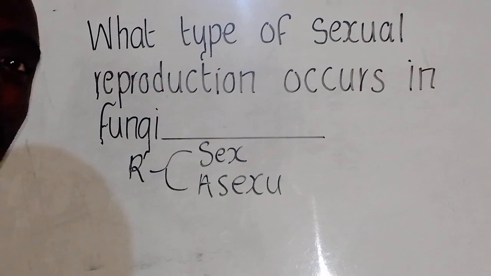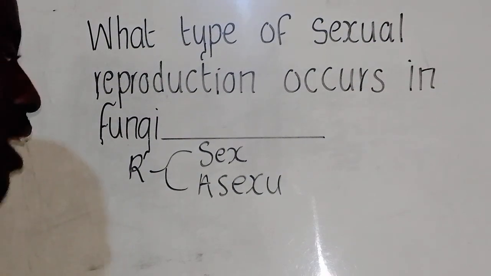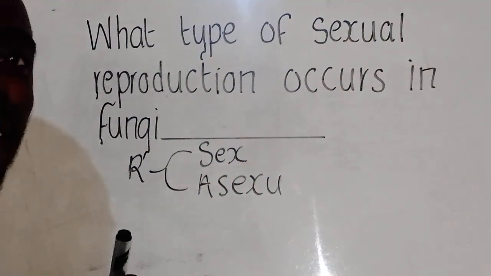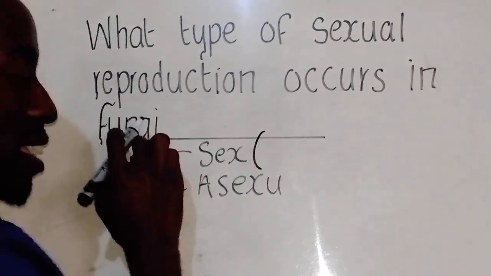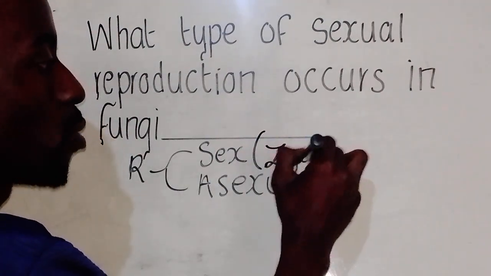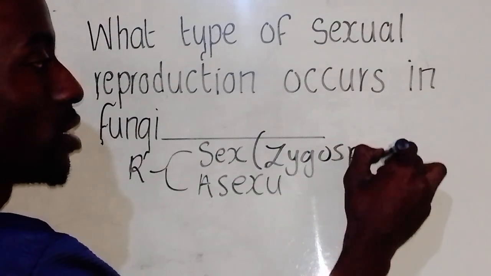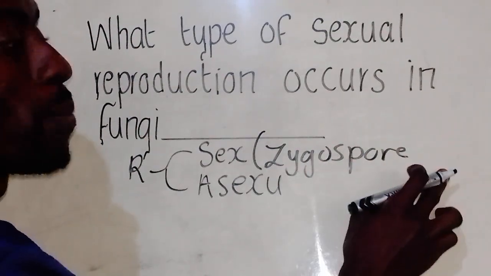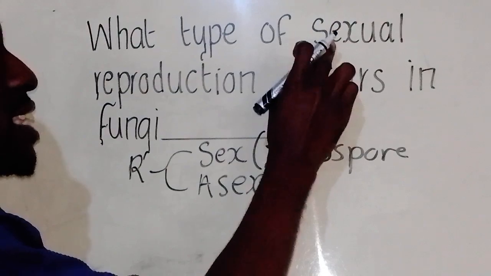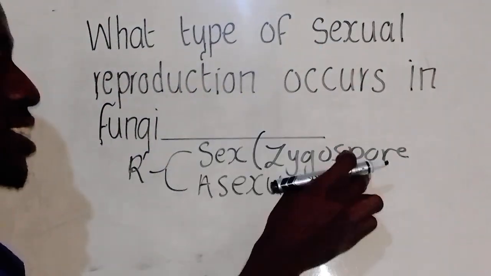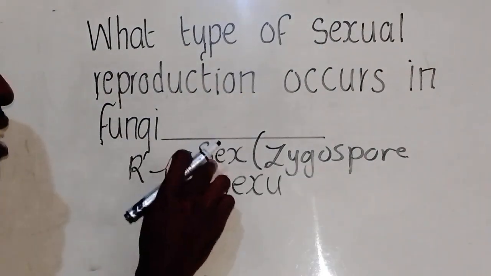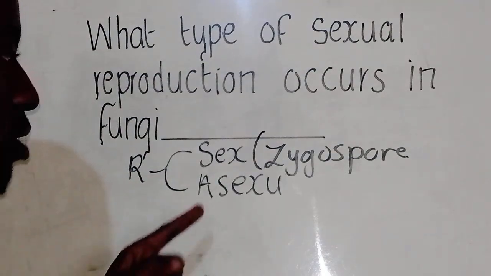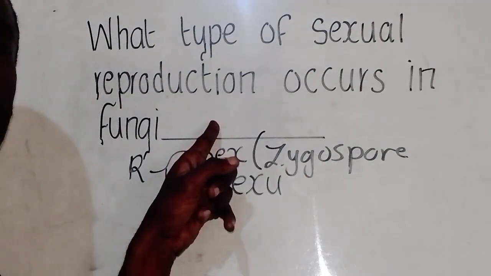Sexual, in a fungi, we call it zygospores formation. This type of sexual reproduction occurs in a what? In a fungi. In simple terms, zygospores is the answer.